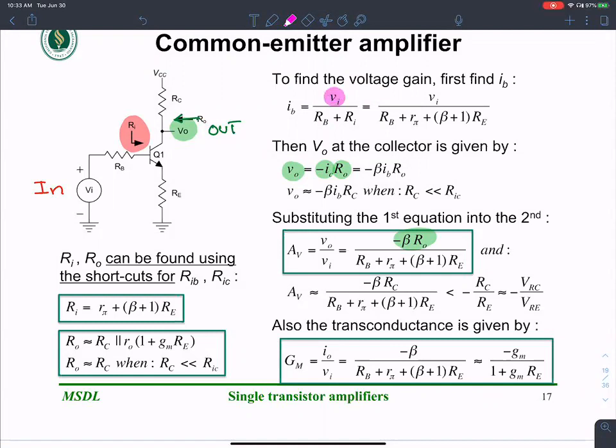The input voltage is simply IB times RB plus R pi. This is R pi, and this is RB. So all I'm doing here is to calculate the current flowing in.